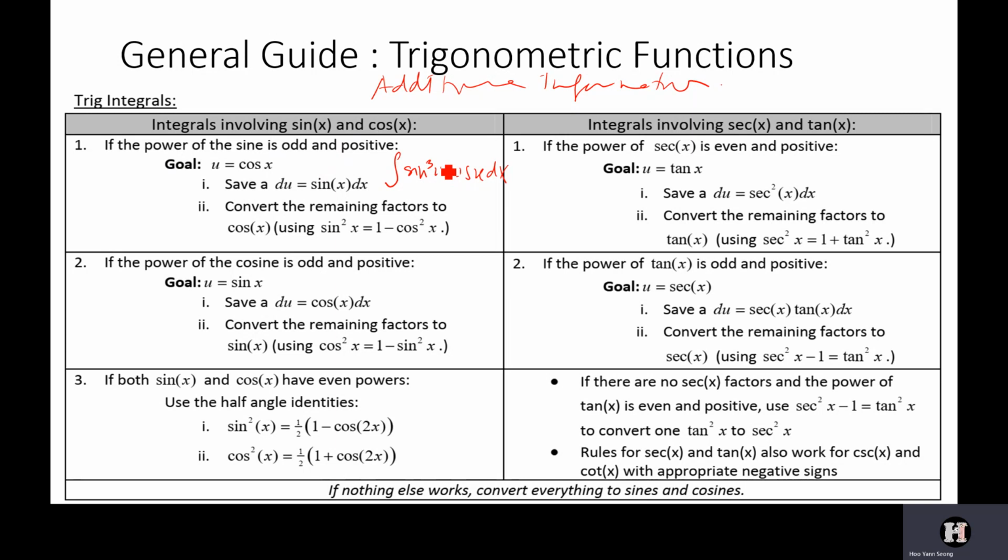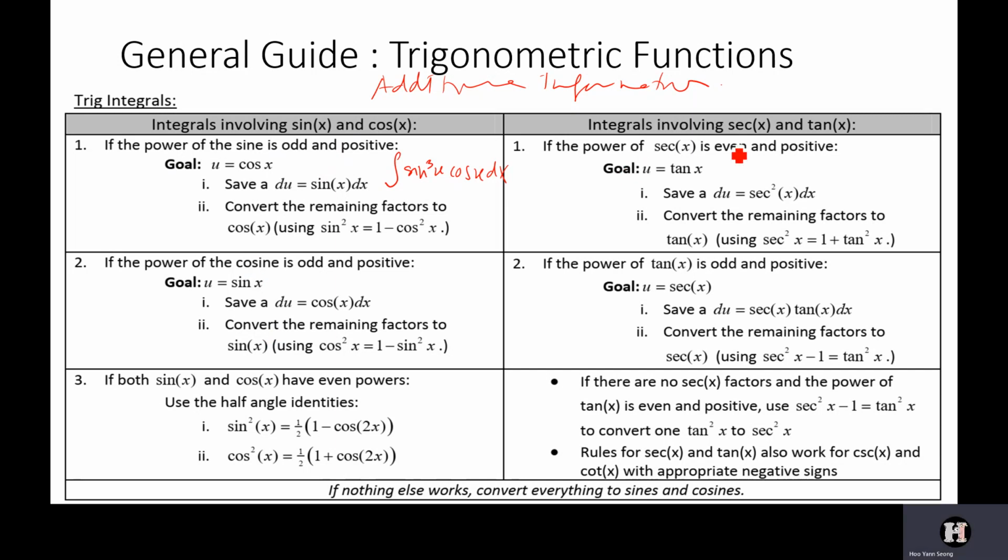And if reversed, if your cosine is odd and positive, then you choose u as sine. And if both sine and cos are even, you use the half angle identity. So this is the extra information.